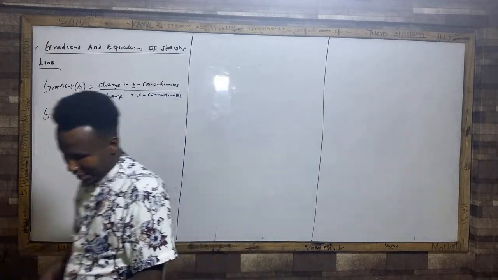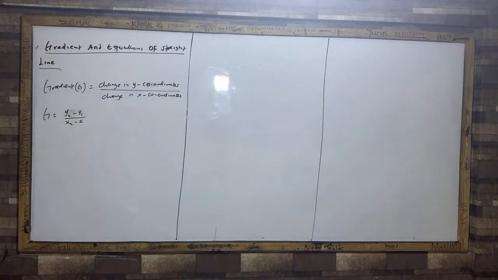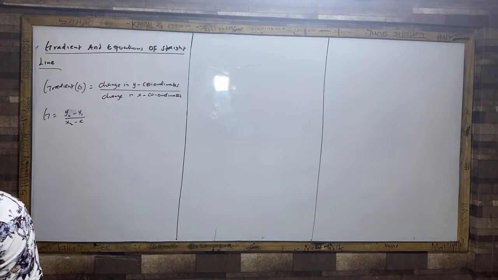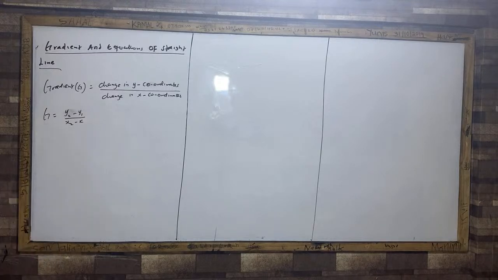Now let's go ahead. We will see our first example, then from there we are going to tackle questions of 10 marks, questions from the familiar and the likes of spotlight, okay? Now let's see how to get gradient.